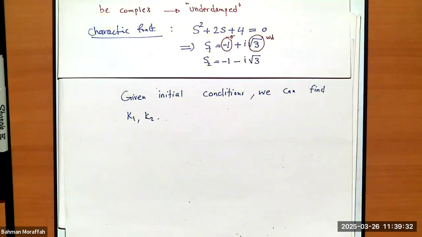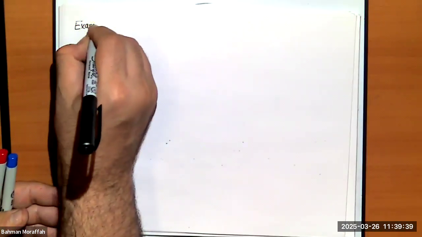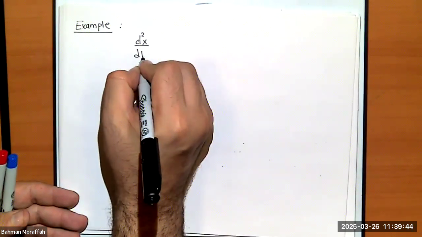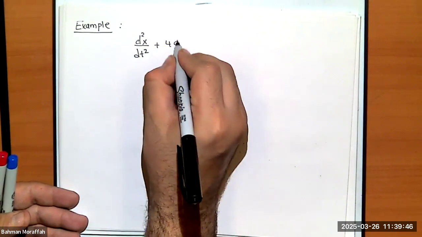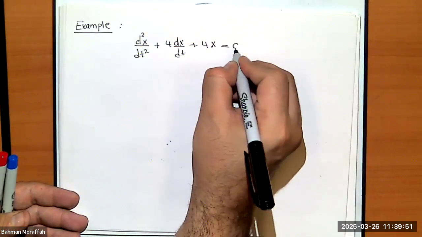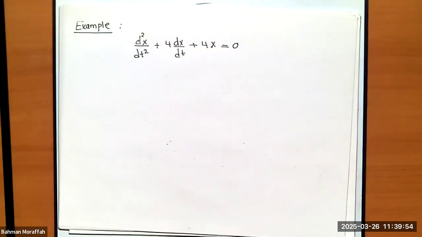Let's do one more example. The second derivative of x plus 4 dx/dt plus 4x equals 0. Again, let's just do whatever we did in the previous example for this one. First of all, the leading coefficient is 1, so I'm good. I don't have to do anything.